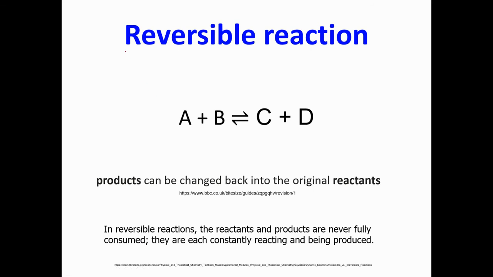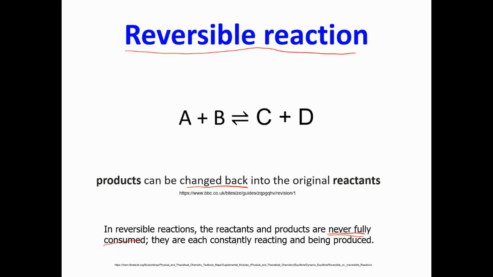Now, next we go to reversible reaction. Reversible reaction means the products can be changed back into the original reactants. In a reversible reaction, the reactants and products are never fully consumed.